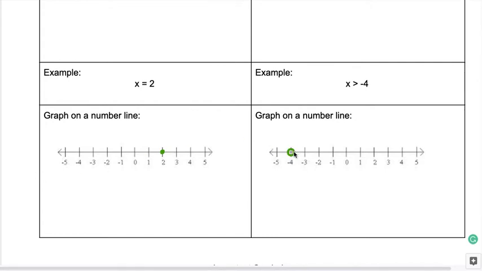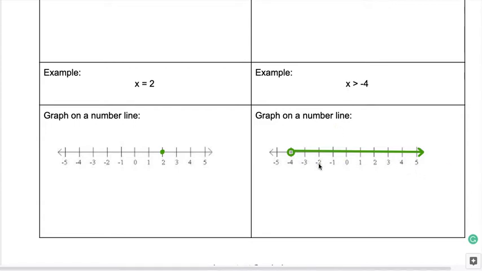We start at that circle and, if it's greater than, we go upwards. If it's less than, we go downwards. In this case, it's greater than, so we're going to go upwards. The arrow goes the wrong way, so I'm just going to use a line. We go upwards from here, and notice that it covers everything on the number line that is greater than -4.